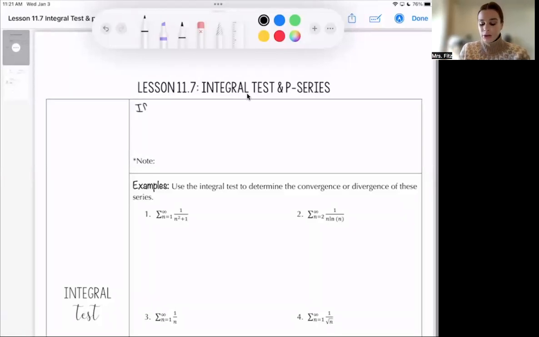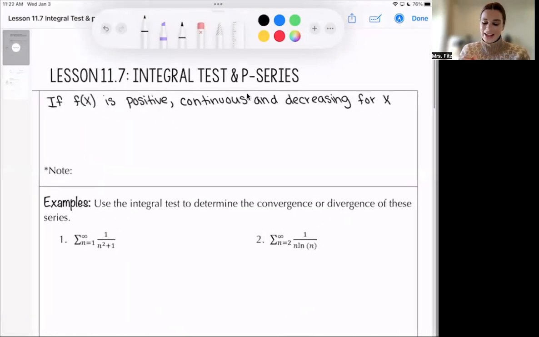We have, if our function f of x, these are the three things that f of x needs to be: positive, continuous, and decreasing for x greater than or equal to 1, and a sub n equals f of n.